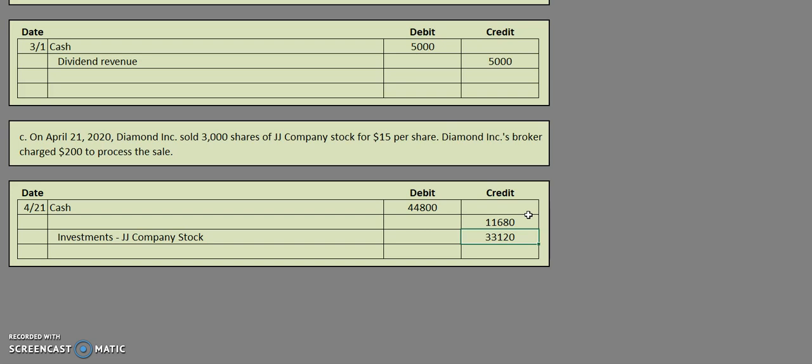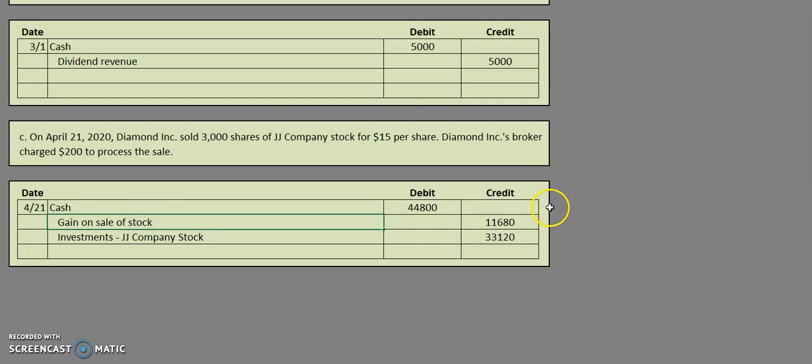We can easily see that if we originally paid $11.04 and now we're getting $15 per share, that's definitely a gain. But according to accounting rules, just in case you want to memorize this: whenever we have a debit plug, it becomes a loss. Whenever we have a credit plug, it's a gain. In this case, we have a credit plug, so this would be a credit to gain on sale of stock.